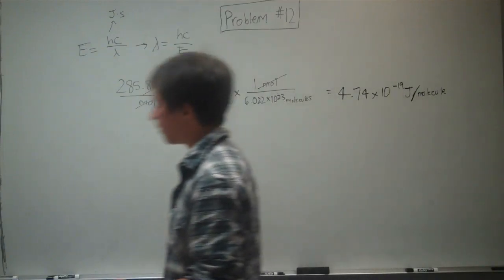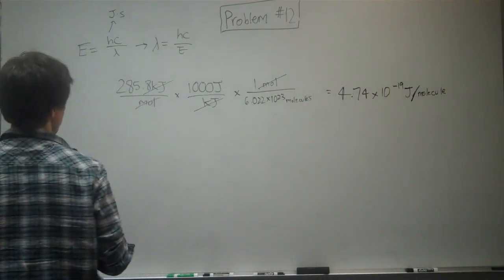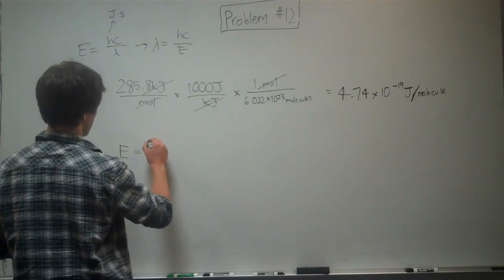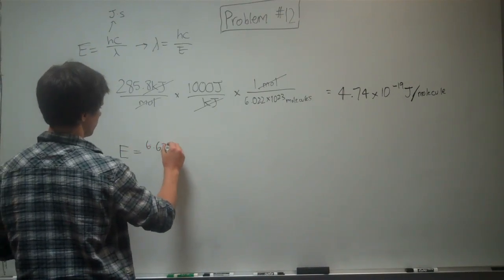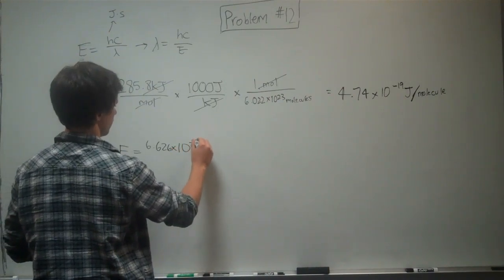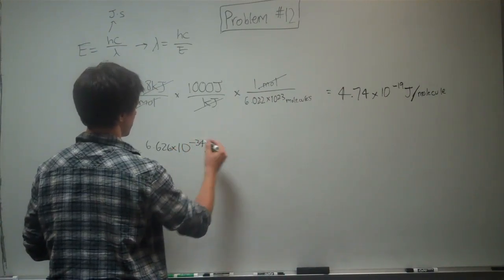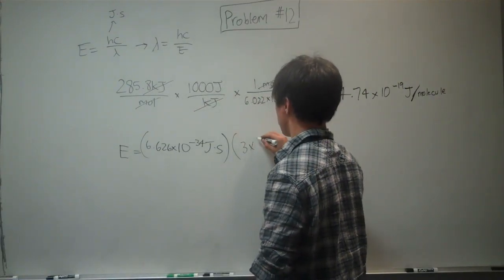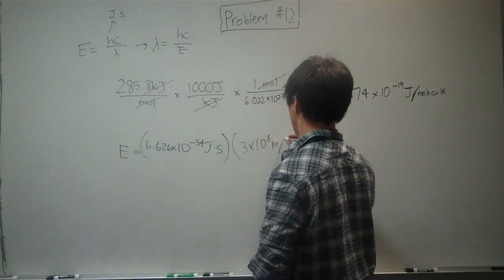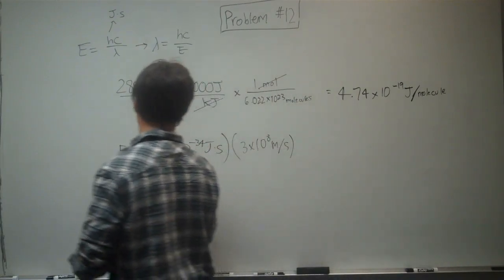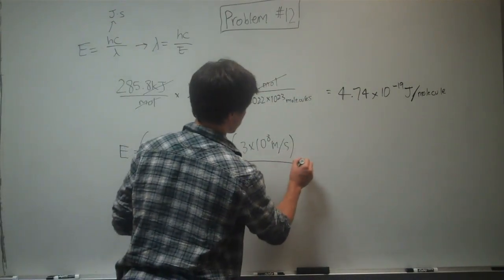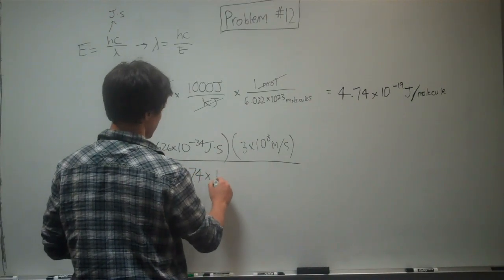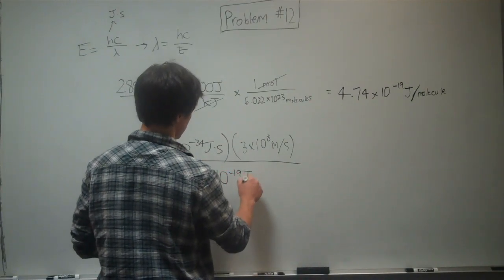Okay, so now we have the energy. Now all we need to do is plug these into the equation. So wavelength equals, Planck's constant is 6.626 times 10 to the negative 34 joules times seconds, times the speed of light is 3 times 10 to the 8 meters per second. And this is all over 4.74 times 10 to the negative 19 joules.